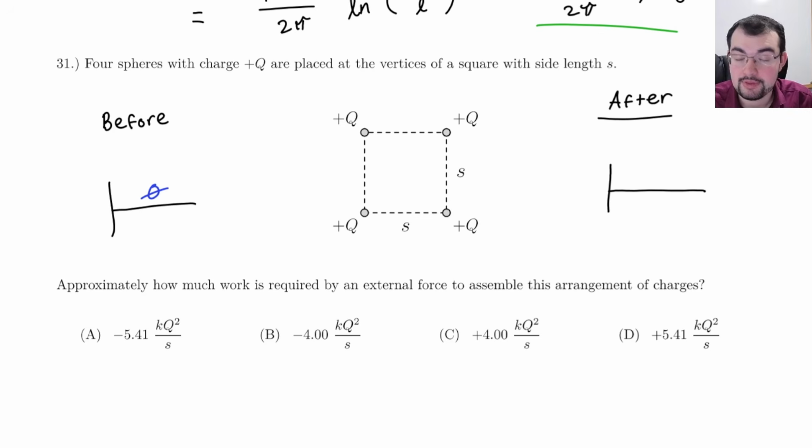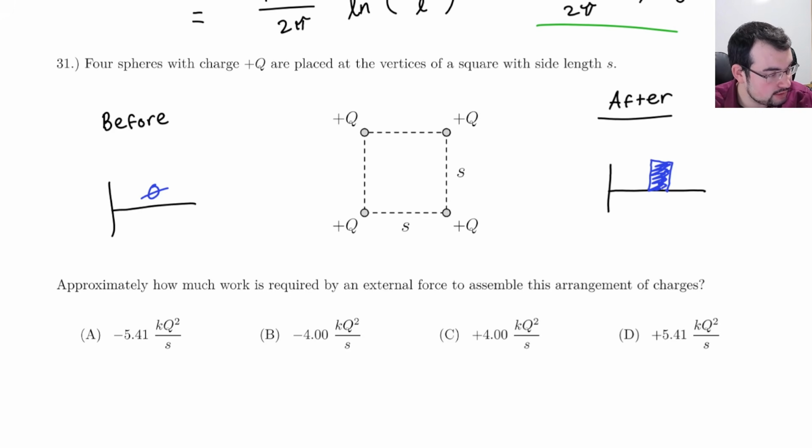And remember that electric potential energy is signed, where if you have opposite charges, you get a negative potential energy because you're in energy debt. And if you have like charges, you would have to pay to bring them together. So here we actually end with positive potential energy. So how much work is required to assemble them?